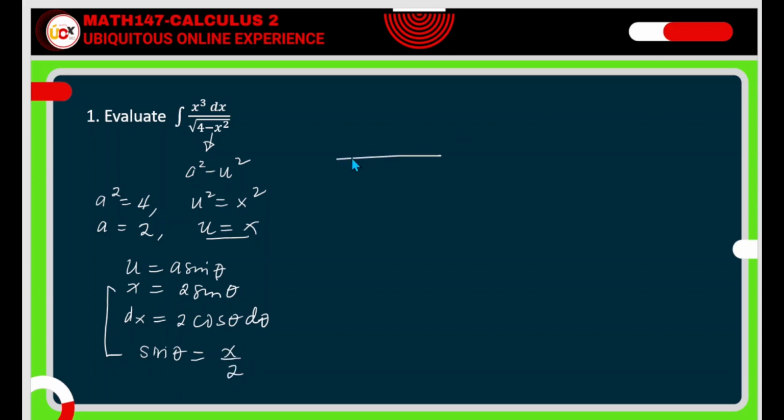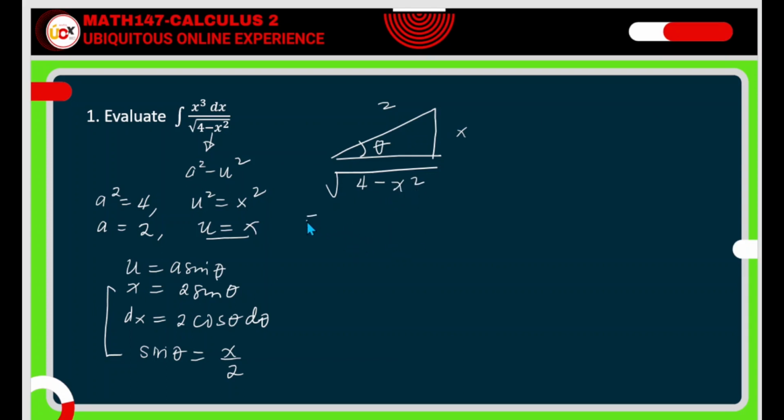In the right triangle, if this is your reference angle, sine theta is opposite over hypotenuse. Therefore, the adjacent side is the square root of the square of the hypotenuse minus the square of the opposite side.